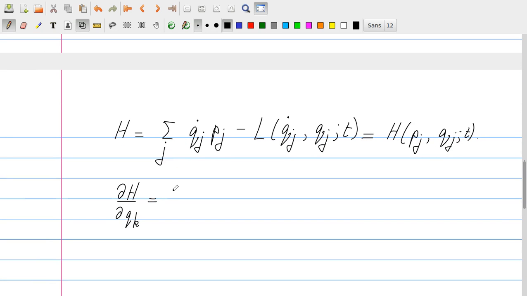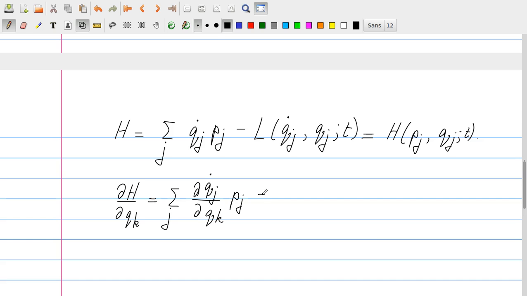So I obtain a sum over j, and then a d q dot j dqk, and then there is a pj. I don't get a contribution from the pj, because the pj and the qj are considered to be independent variables.